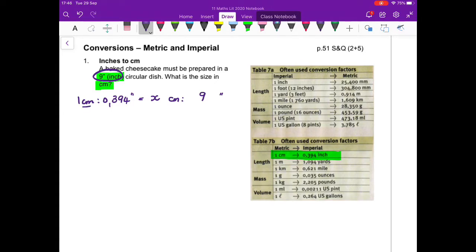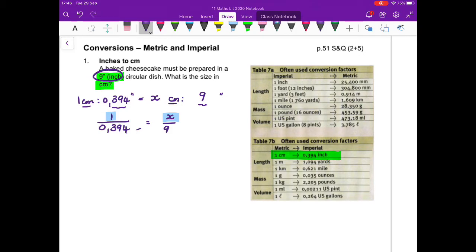I've got centimeters, centimeters, inches, inches. Fraction form, 1 over 0.394 equals X over 9. Remember, your order is vitally important, so please just always check. Centimeters at the top, and everything else will be in order from there.